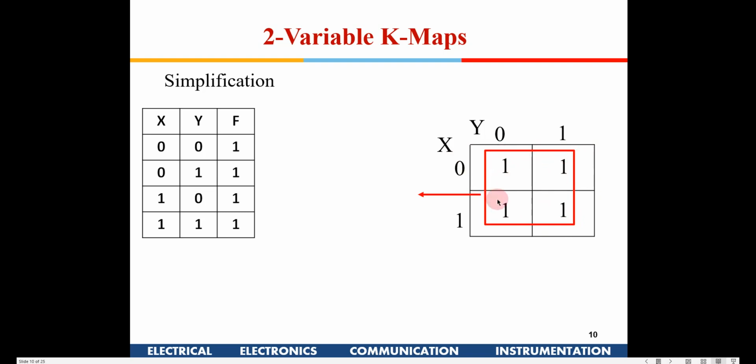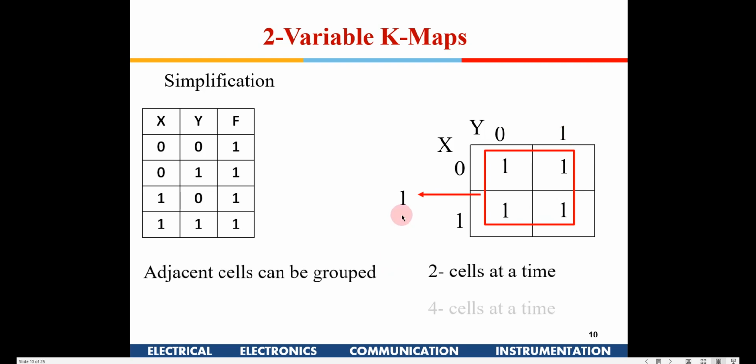It has to be 2 or 4 in the 2 variable KMap. Here we said only the elements which remain constant we take into the expression. In these 4, x is changing and y is changing, so we straight away write it as 1.